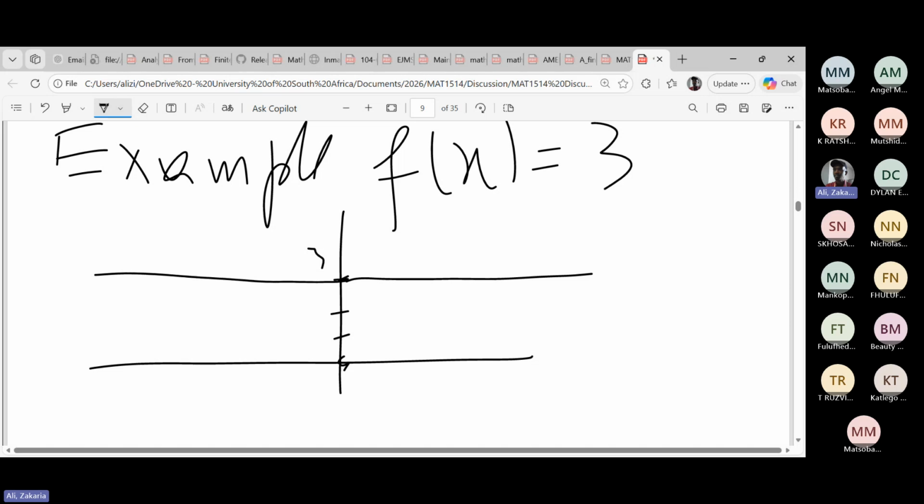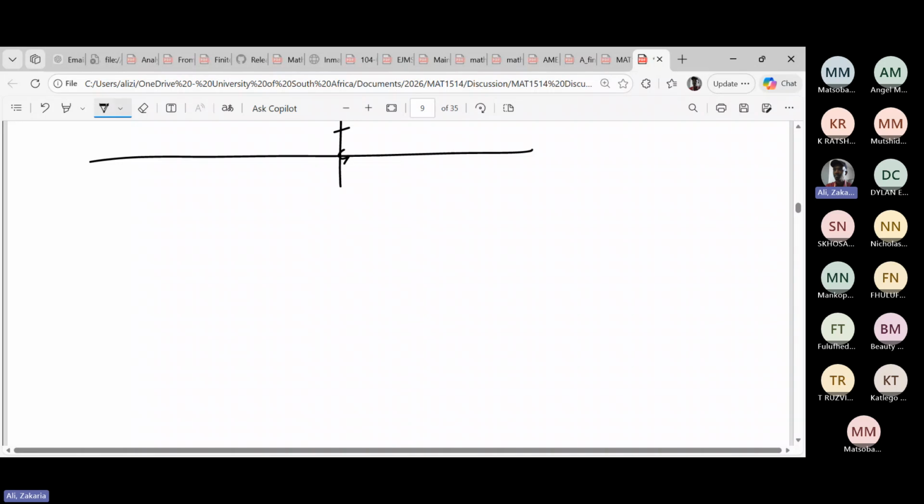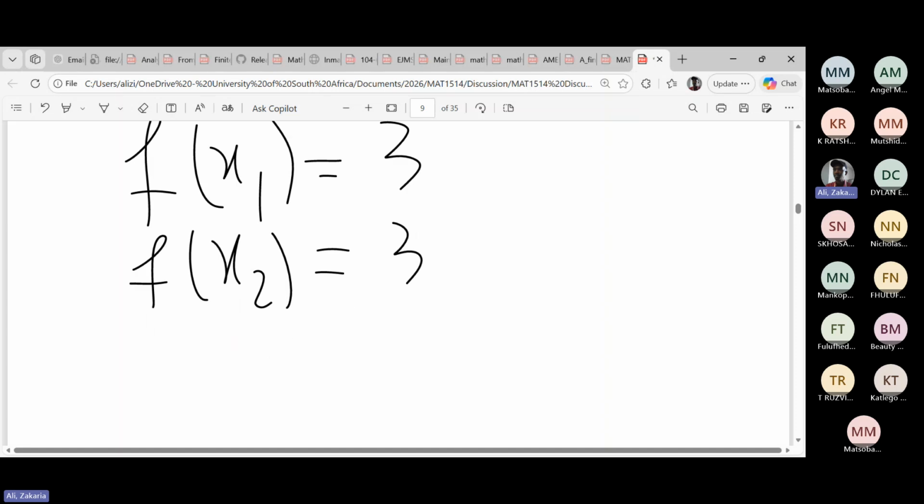You see, if you sketch a horizontal line, it passes straight through that graph, right? Let me take the mathematical definition. Let's say f of x1 is equal to 3, and f of x2 is also 3 because the function f of x is 3.